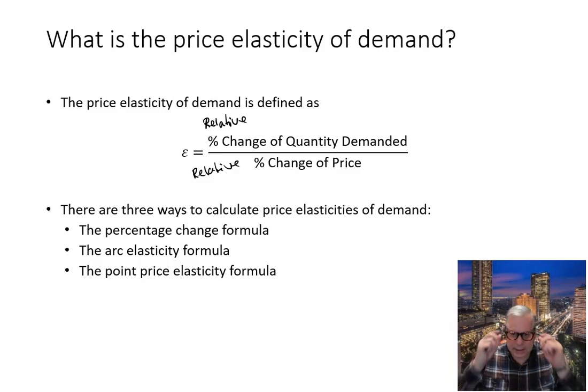Theoretically, we could use the percentage change as a proxy for the relative change, but there are others too. In fact, there are three ways to calculate the price elasticity of demand. That's the percentage change formula, which is basically what you saw here. Then there is the arc elasticity formula, and then there is the point price elasticity formula. So let's go over them one by one.